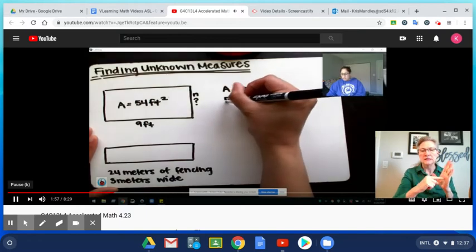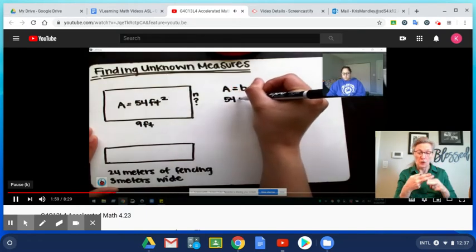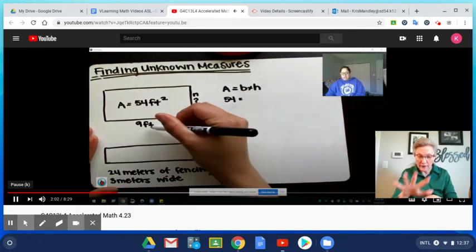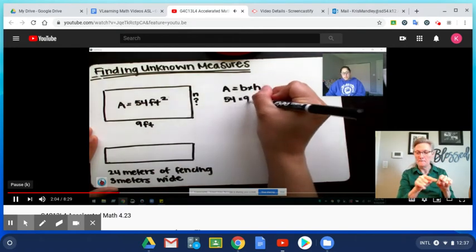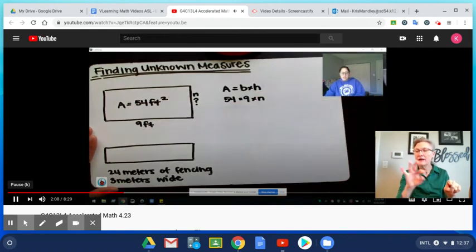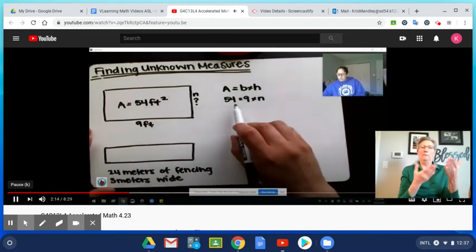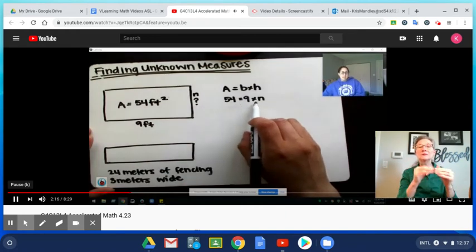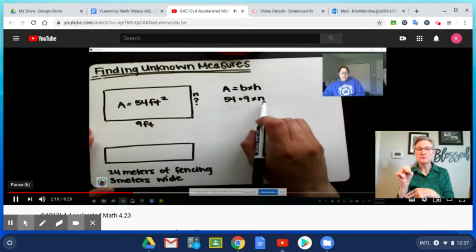So I'm going to call this 54, right? Then we know the base is 9 feet. That was a piece of information that Miss Gluskin gave you. What you don't know is that height, right? So I've got an n to represent that unknown number. N in this case means some number, right? So 54 equals 9 times some number, or the product of 9 and a number.